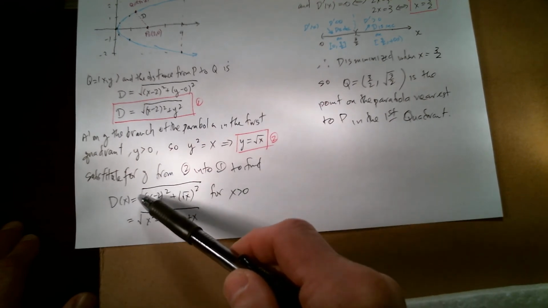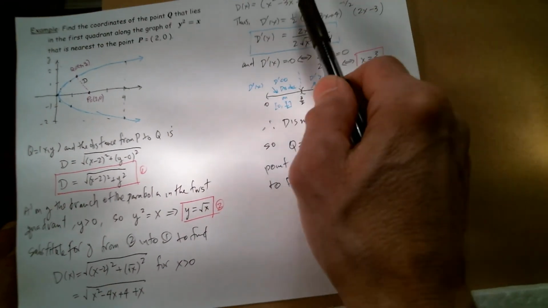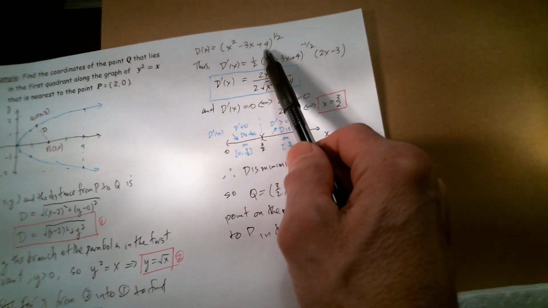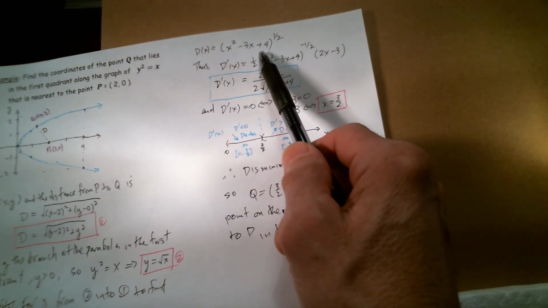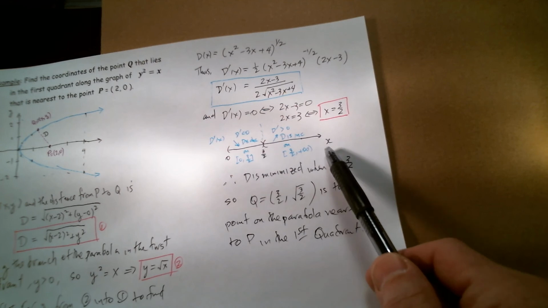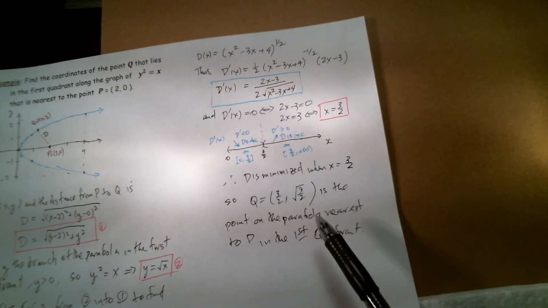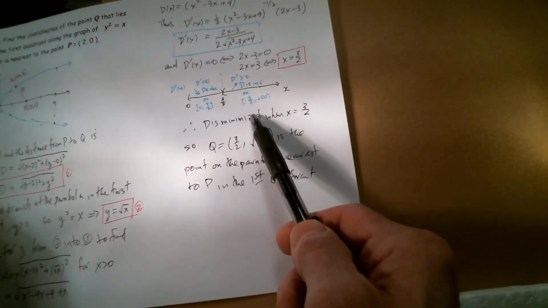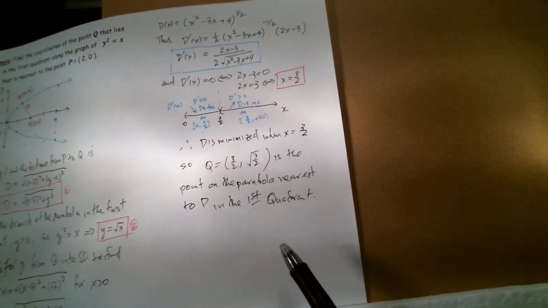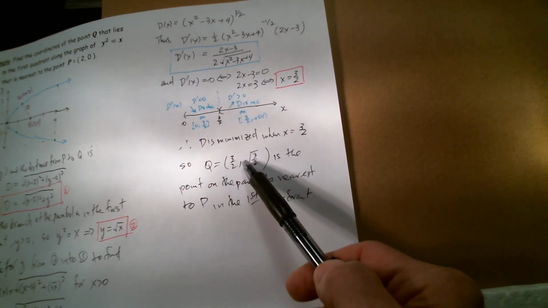And so then upon making that substitution into our distance formula, we ended up with this formula, which again was simply a function of x, which using the chain rule, we differentiated, we found the critical number, we used the critical number to split the domain of D into two subintervals, and then we were able to establish using the first derivative test that indeed D achieves a minimum value at the critical number x equals 3/2. Therefore, Q has these coordinates.